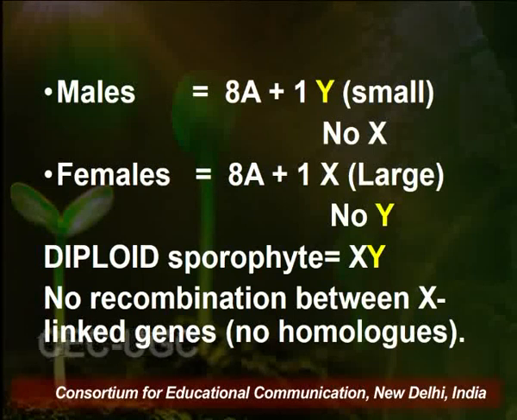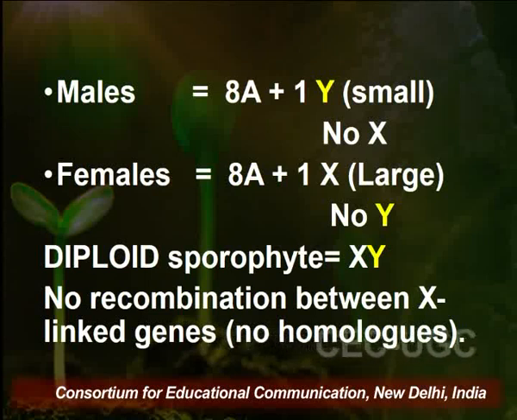So far so good as far as human genetics is concerned, because here also the Y is the smaller one. Females again would have 8 autosomes and one X, a large one, but no Y. And the diploid sporophyte would have X and Y.